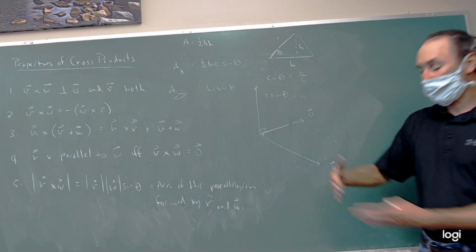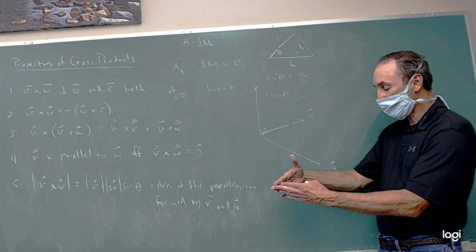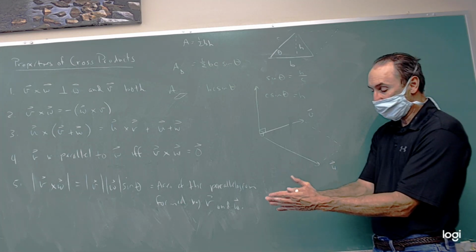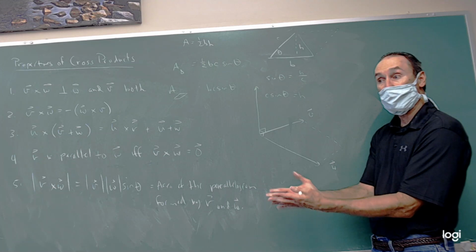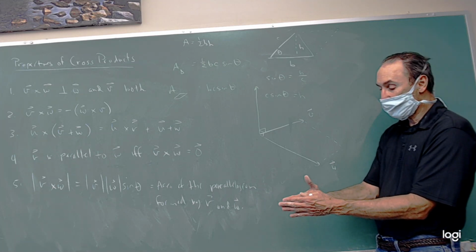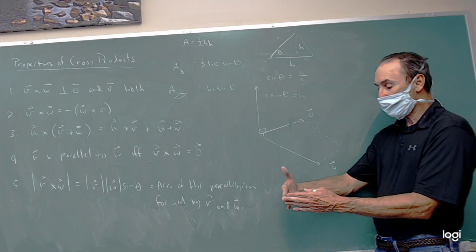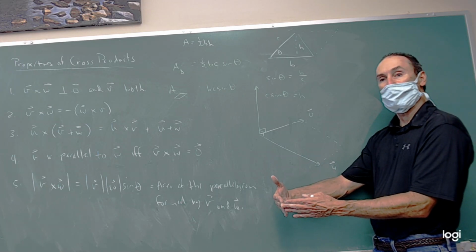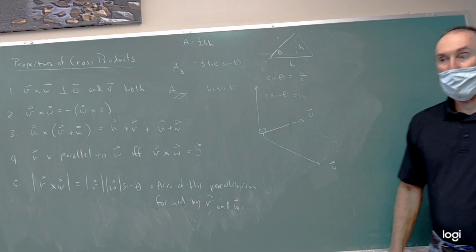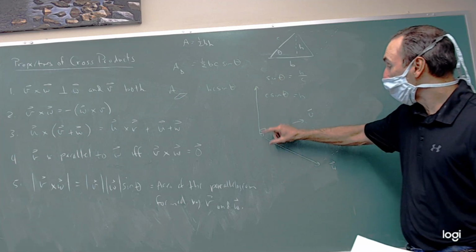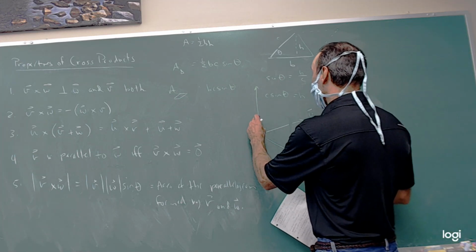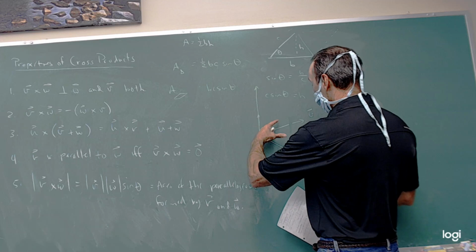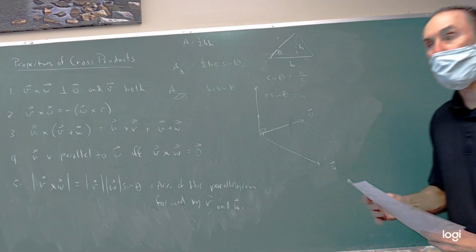So that's the one extreme. How much area can you enclose with two vectors? Well, if the angle between them is 0, you've got nothing. So the biggest you can do is when they get to be a right angle, when they're perpendicular. And anything in between, this vector kind of grows or shrinks depending on what the angle is between them.